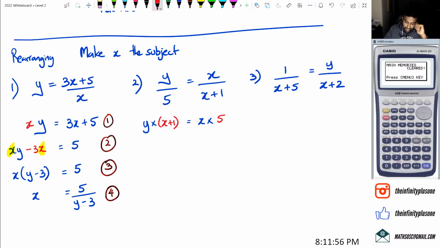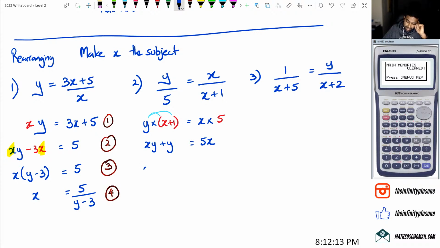All right, so now we need to expand the brackets, and when we expand the brackets, we're going to get xy plus y equals 5x. Then we need to rearrange this so that all the x's are together.